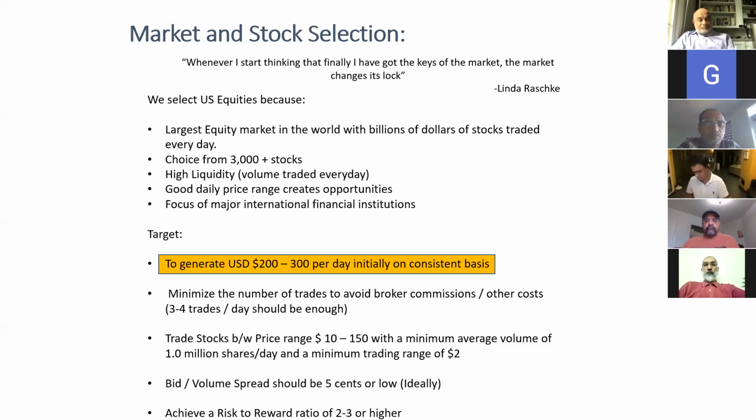So that if we lose on one trade, maybe two or three trades in a row, one winning trade makes up for the entire series of losses. So if we see upfront that the risk reward ratio is less than 2, we should not trade it.